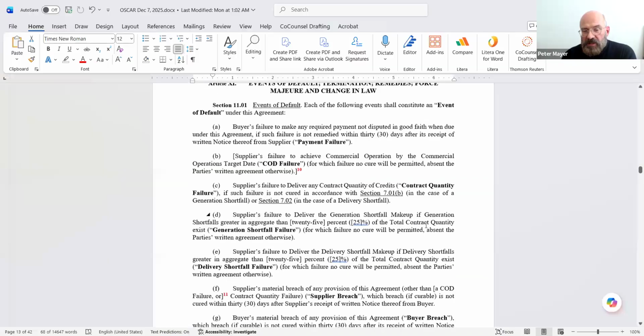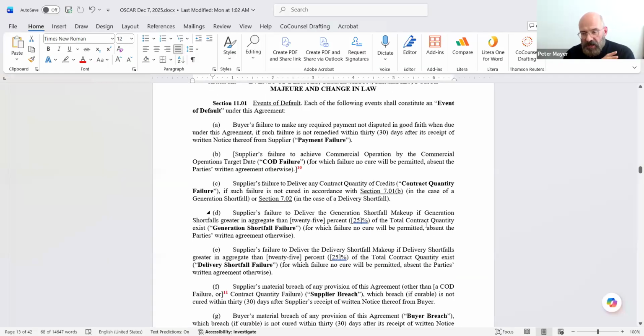Events of default is another key provision in any CDR purchase agreement. This one is drafted again in a way that gives a buyer a reasonable amount of security, while taking into account that not every minor issue on the supplier side causes an event of default, right?